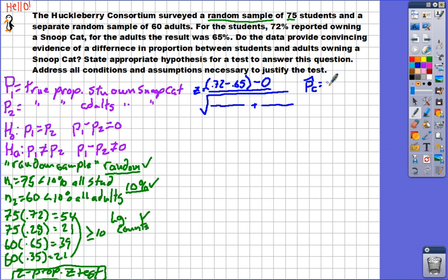So in this case, the success amount is 54 and 39. We're combining the successes, so 54 plus 39, and that's going to be divided by the sample sizes, which are 75 and 60. So we go over here, 75 plus 60.